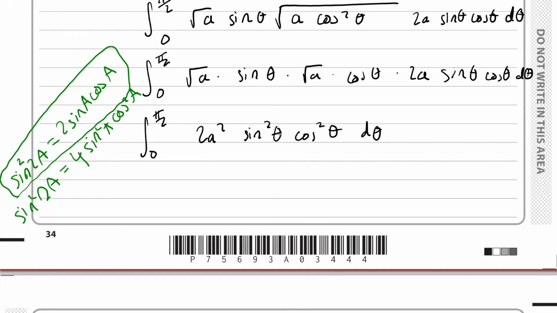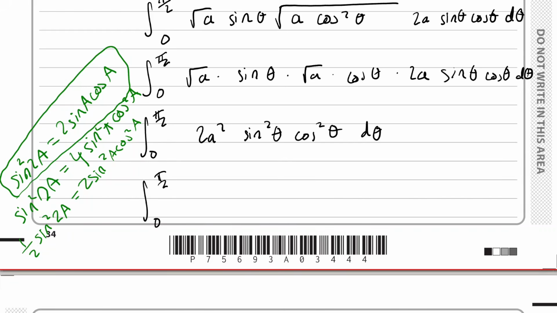But if I half both sides, I'll work over here. So half of sine squared 2a is 2 sine squared a cos squared a. I'm going to change that into half sine squared 2a.